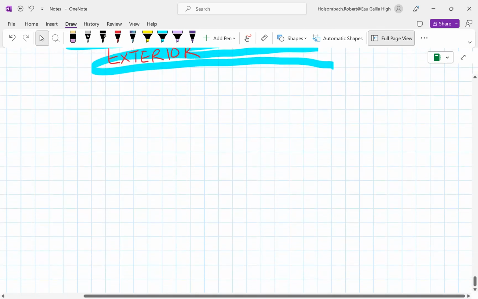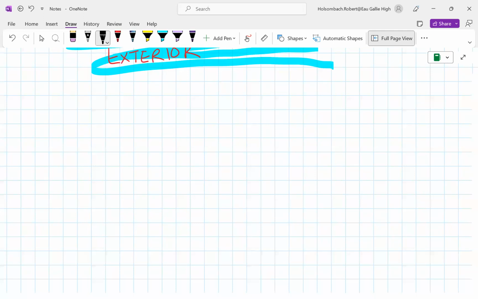On the top of page 38, we have three types of angles. We have a right angle, and a right angle always measures 90 degrees. The drawing would look something like this.